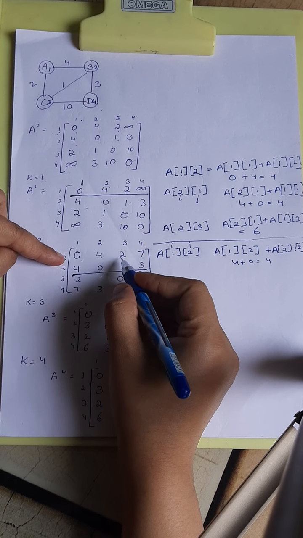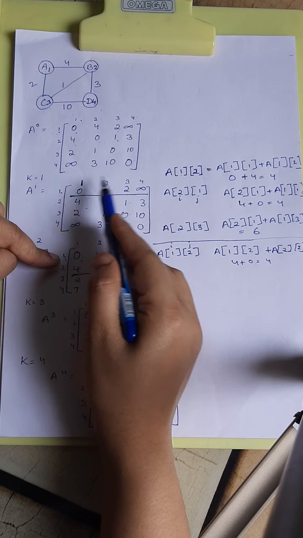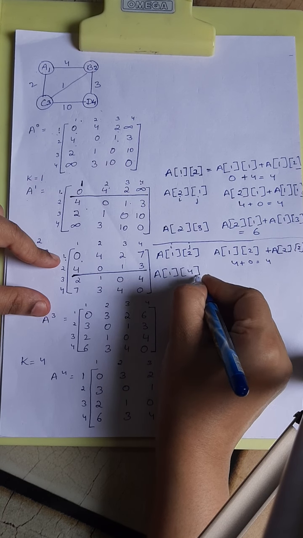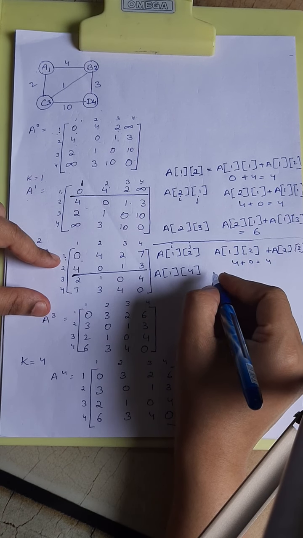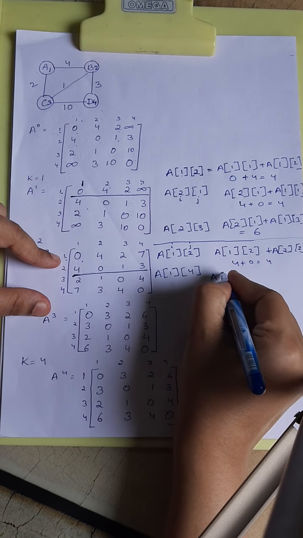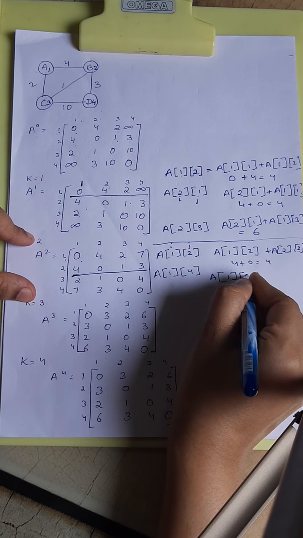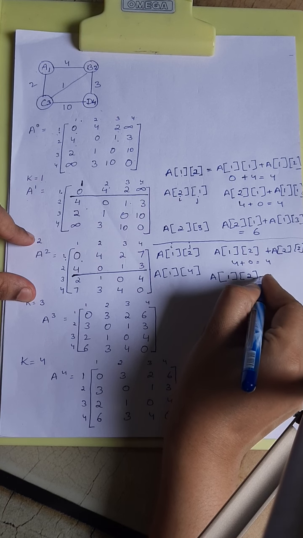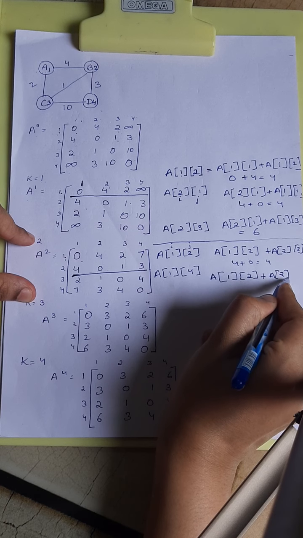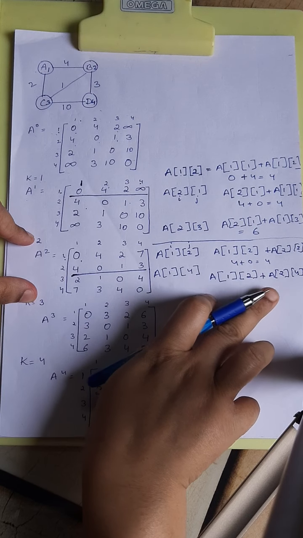Now the next value also you will get as it is, 2. Now see for 1 4, a of 1 4, which was infinite before. Now if you calculate 1 4 via k, we take i as 1, k value is 2, plus a of k j. k is 2, j is 4.